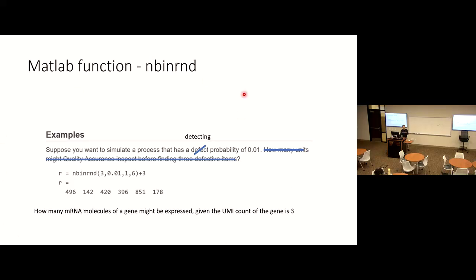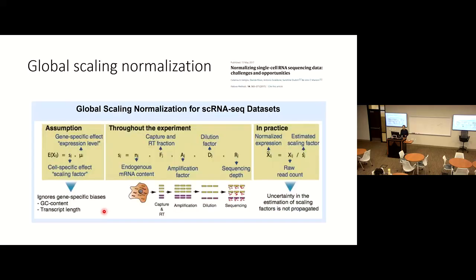So this is a use of this modeling, to estimate the real expression of the gene. So how many copies of mRNAs should be in that cell if we detect a UMI of 3? That's indeed a lot of this single-cell RNA-seq estimation.